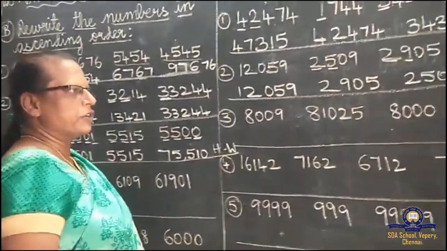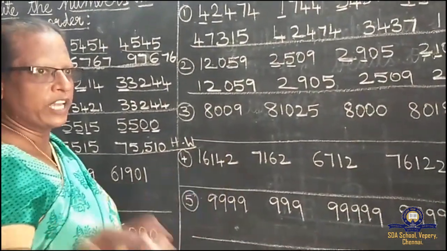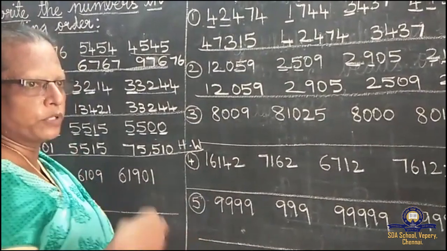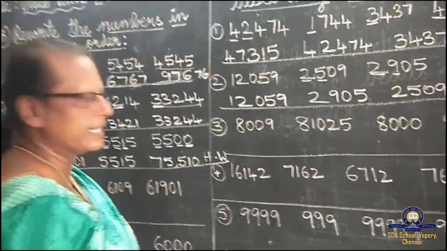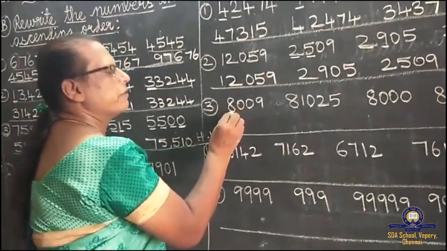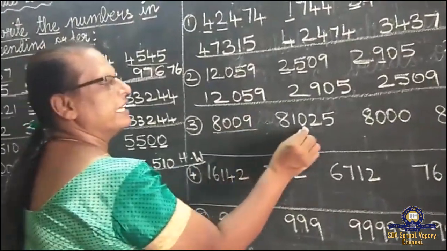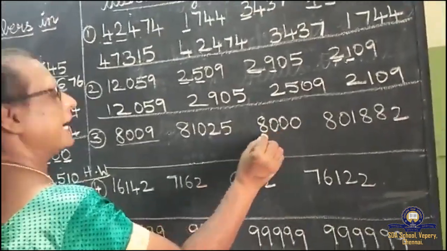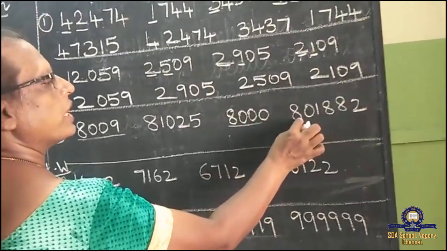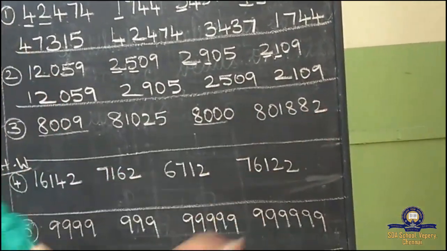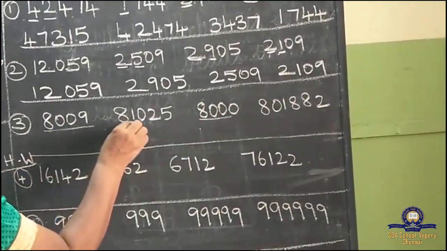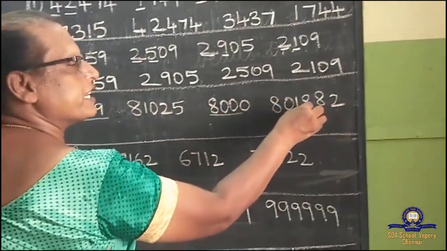Listen carefully, children. Don't avoid watching everything. Some of them won't watch the YouTube videos, isn't it, children? See here 4 digit 8009, and here 5 digit number. Here 8000 is there, and here also 6 digits. See, first you have to see here 5 digit number, here 6 digit number is there.